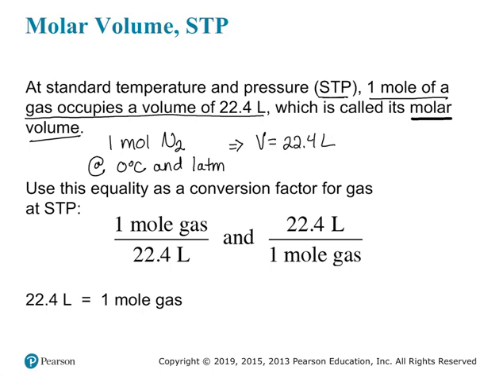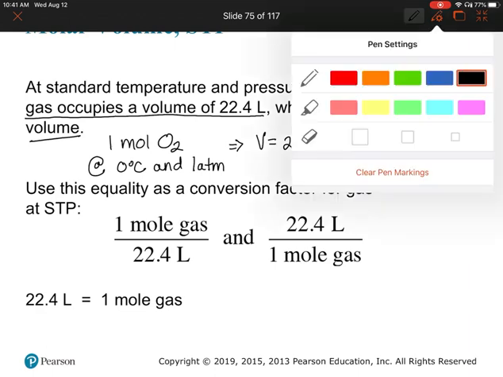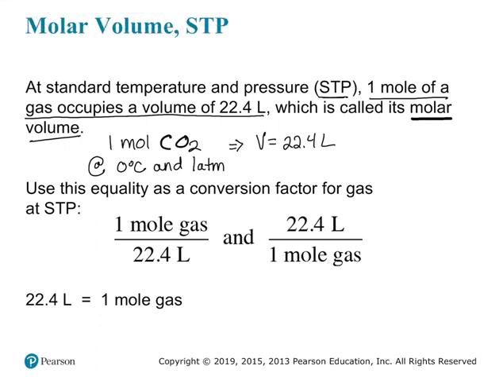Now, that's going to be true for any gas. So that could be 1 mole of oxygen, and the same thing would be true. Or maybe it's 1 mole of CO2 at 0 degrees Celsius and 1 atmosphere. It will also have a volume of 22.4 liters. So this is a really cool fact about gases.